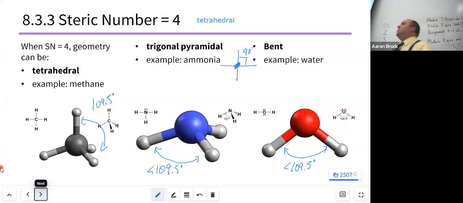Now, as we get to more complicated steric numbers, we're going to see dashes and wedges in all of them. What we're also going to see in the more advanced structures is a difference of position. Right now, all of these positions have been equivalent so far.